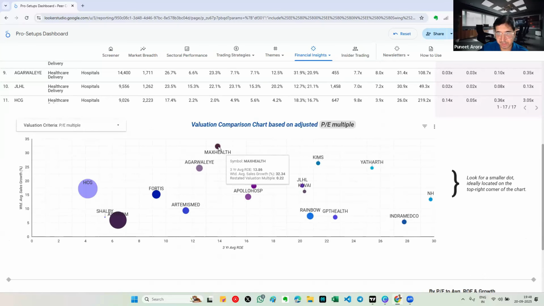Maxell is growing fast. Its sales growth is over 32%, but its ROE is 13.86%. Yatharth, on the other hand, has an ROE of 25%. It is also growing as fast as, or as well as, Maxell, but its valuation multiple is cheaper than Maxell's, maybe because of the scale.